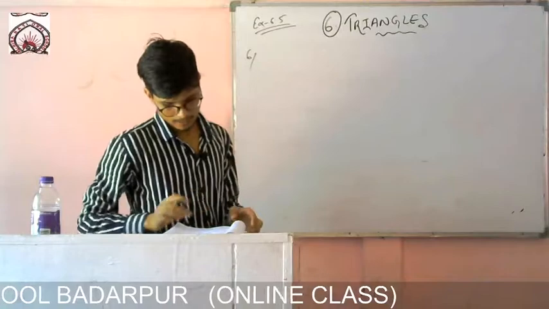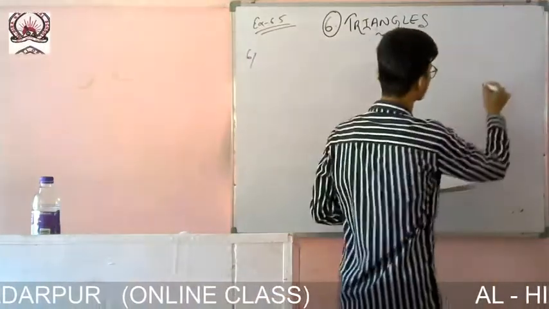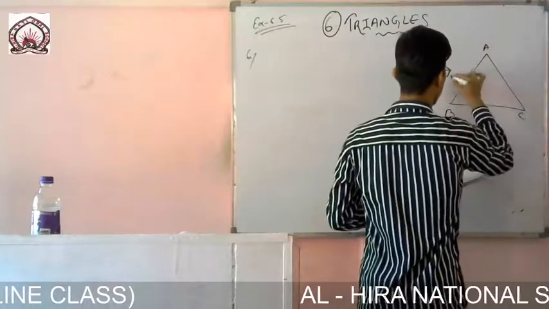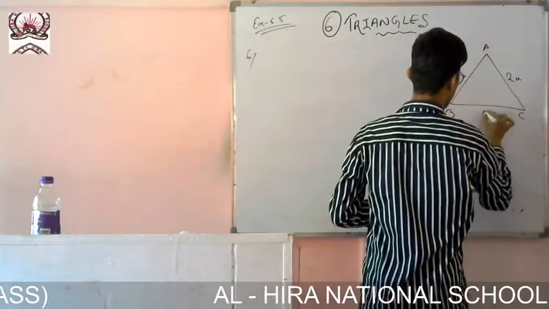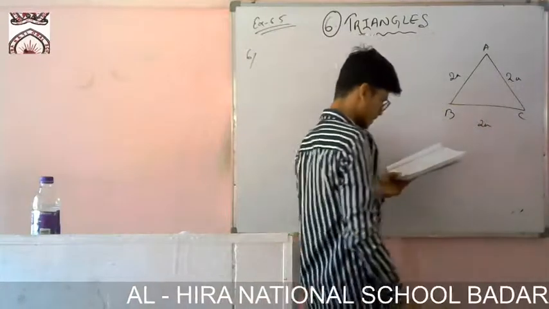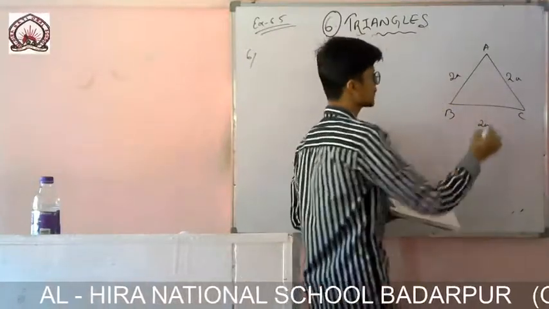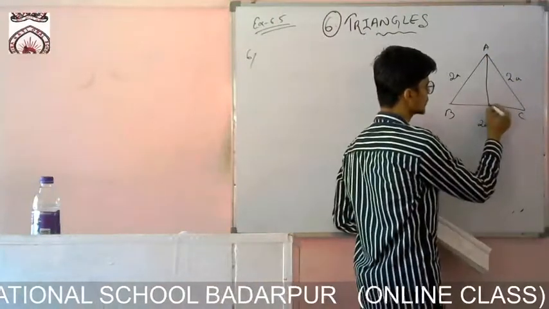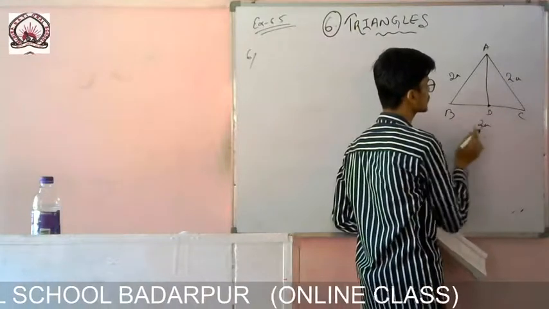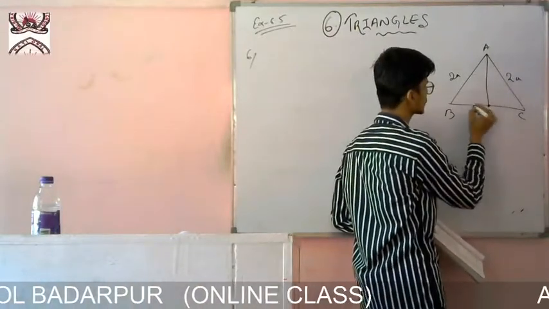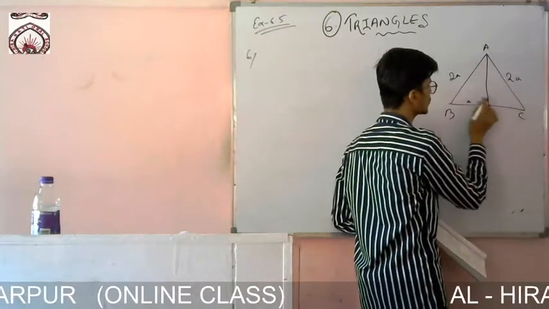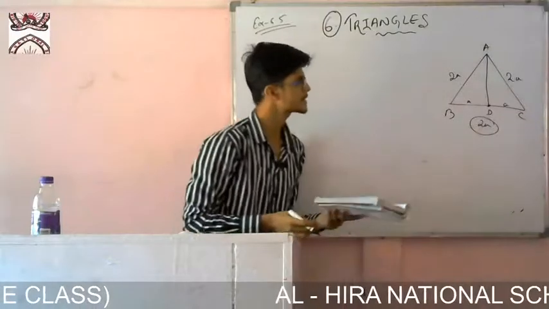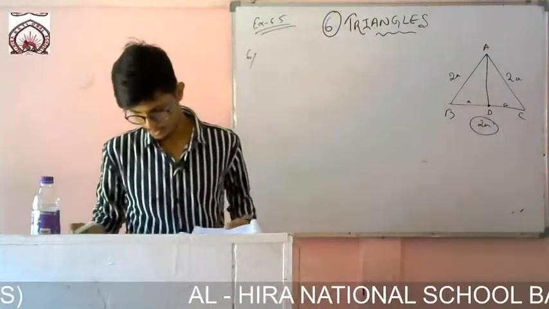So if I draw an altitude in an equilateral triangle, the altitude will bisect this side into 2 equal parts. So this one will be A and this one will be A. A plus A is twice A. This you have to keep in mind.